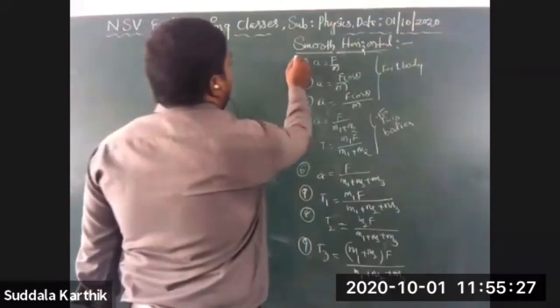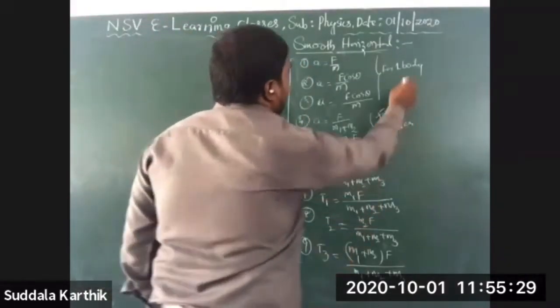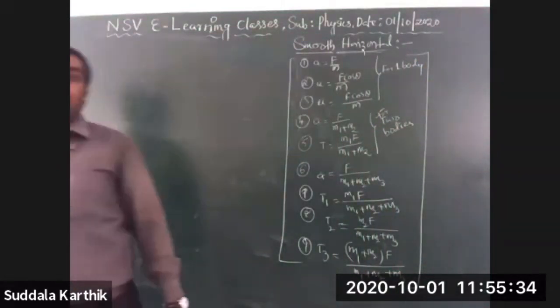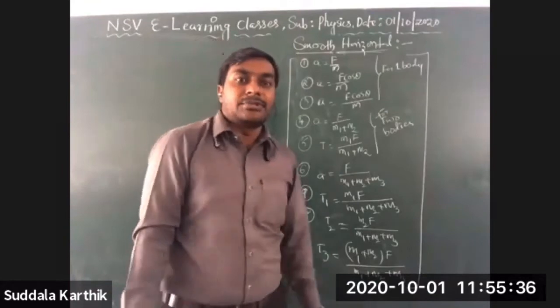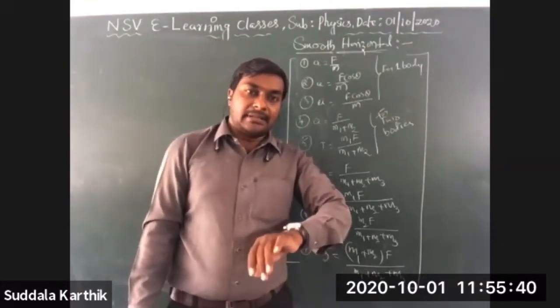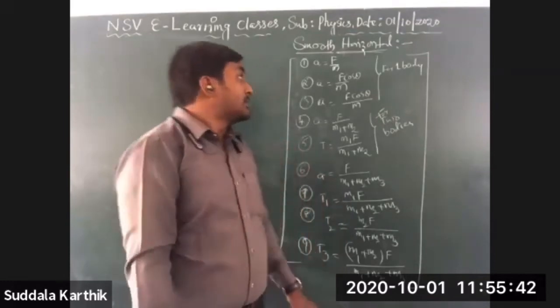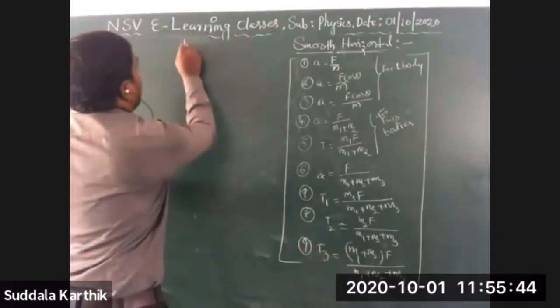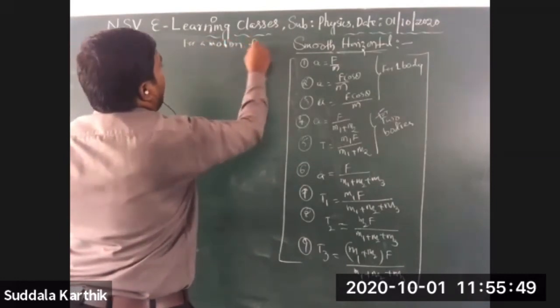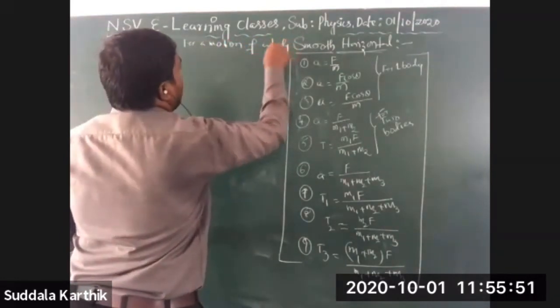These 9 formulas, 9 equations, are very, very important for us, for the motion of a body on a smooth horizontal surface. Not only one body, but bodies.